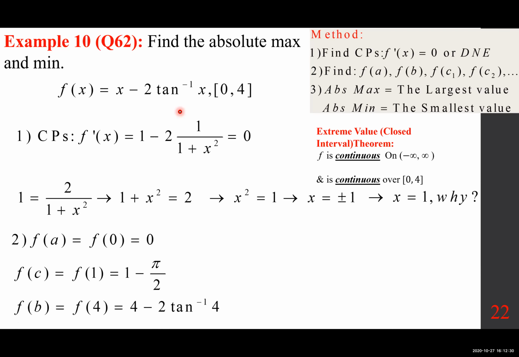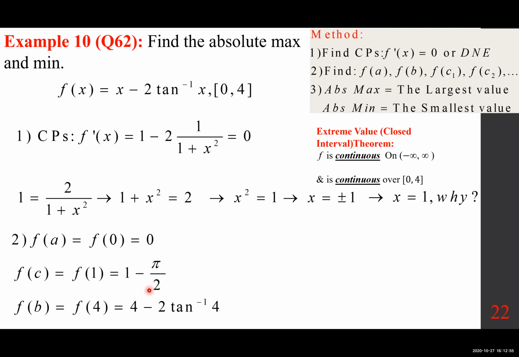Now, I hope everybody's comfortable with the concept. We are evaluating. Now, you have to use a calculator to come up with that as an approximation. I hope you realize this is negative because pi is 3.14. You divide it by 2, it's about 1.57. So this is negative, 1 minus that.